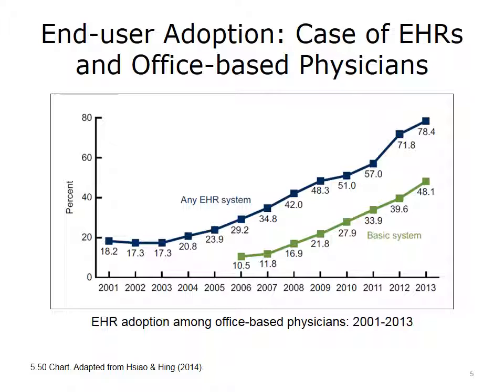This rate has been increased from 18% in 2001 to 78% in 2013 for any EHR systems. Note that this has enabled analysts to collect local EHR data from office-based physicians and develop outpatient population health repositories.